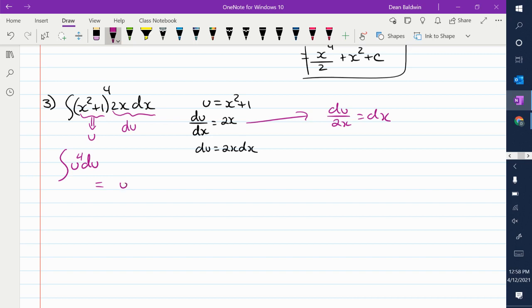So it becomes u to the 5th over 5 plus c. What's u? We're not done. Yeah, you got to sub back in your x squared plus 1. So it becomes x squared plus 1 to the 5th power over 5 plus c. And you're done.